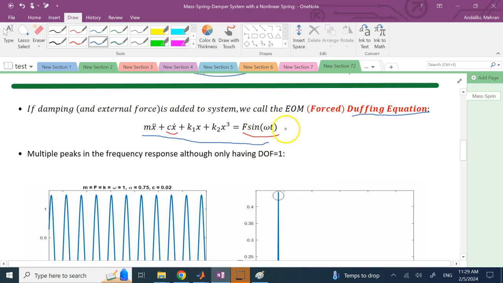Since there is this excitation, we call it the forced Duffing equation. If this term is not there, we just call it the Duffing equation. With this F sine omega t added, we call it the forced Duffing equation. So what kind of response am I going to get from a mass, spring, nonlinear damper system with external excitation, or a Duffing equation? Well, that is quite interesting.